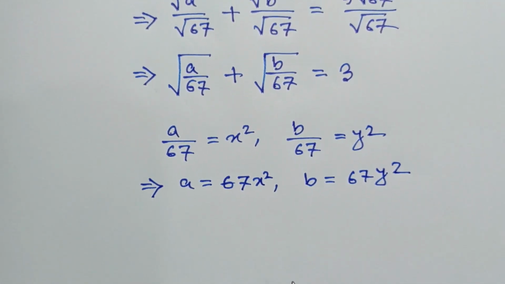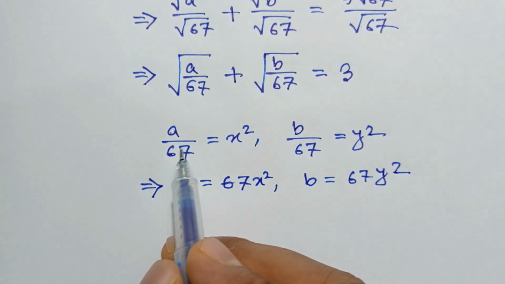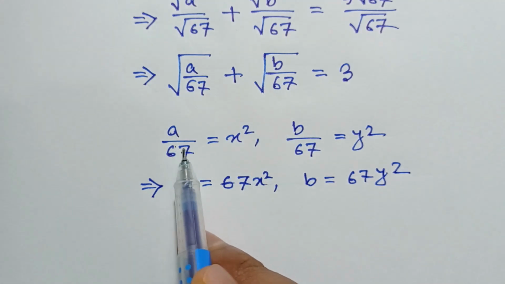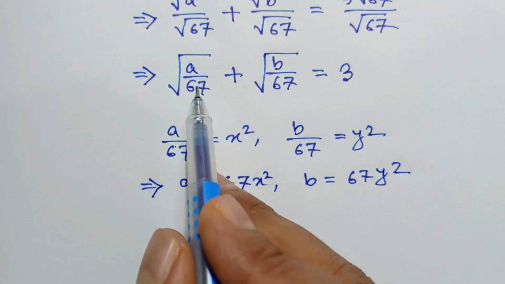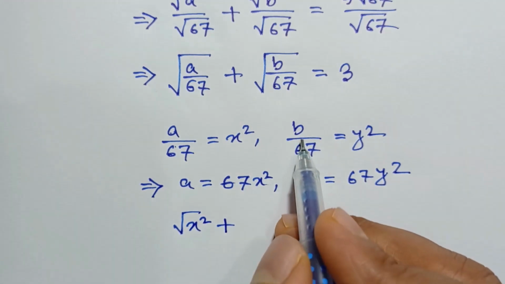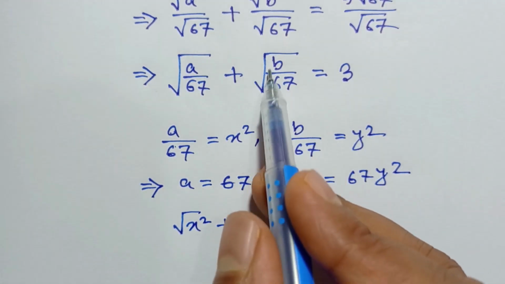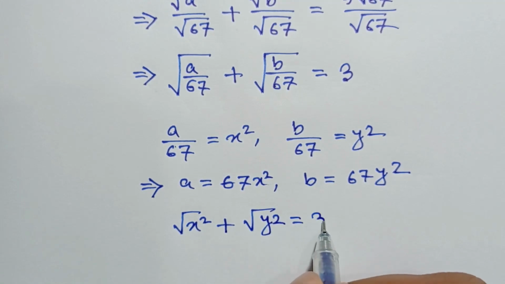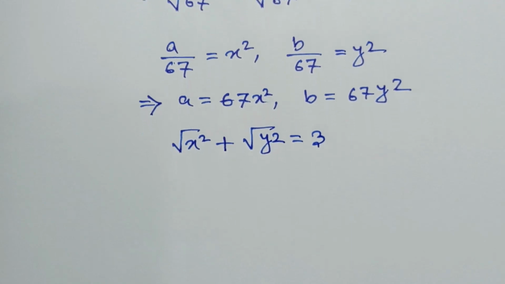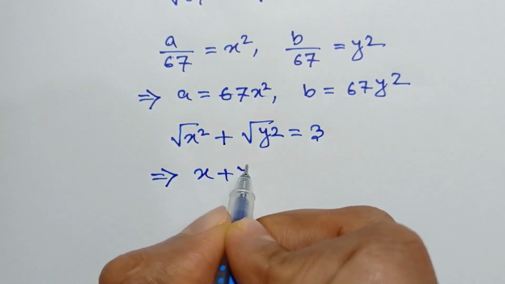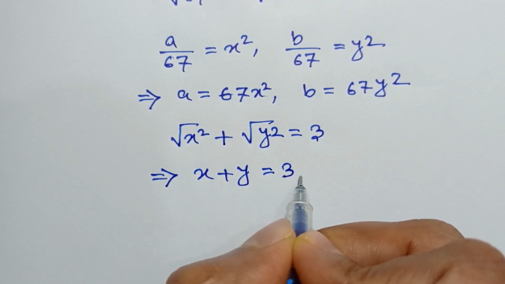Now substituting these values in this equation, a over 67 is equal to x square, so it will be square root of x square, plus b over 67 is equal to y square, so square root of y square, is equal to 3. So x plus y is equal to 3.